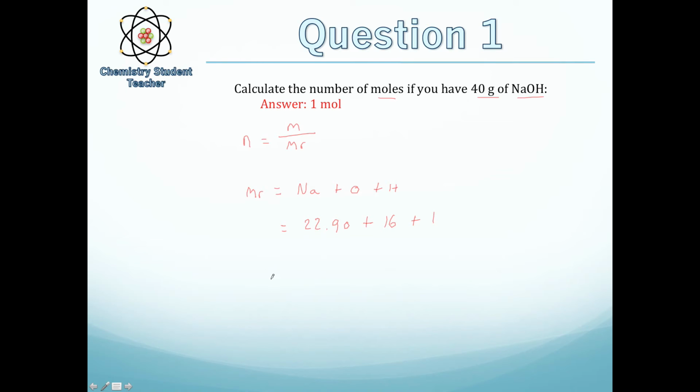So we put that into the equation, so number of moles equals mass, which you've been given as 40 grams, over 22.99 plus 16 plus 1. Now when you put that into the calculator, you get an answer of 1 mole.